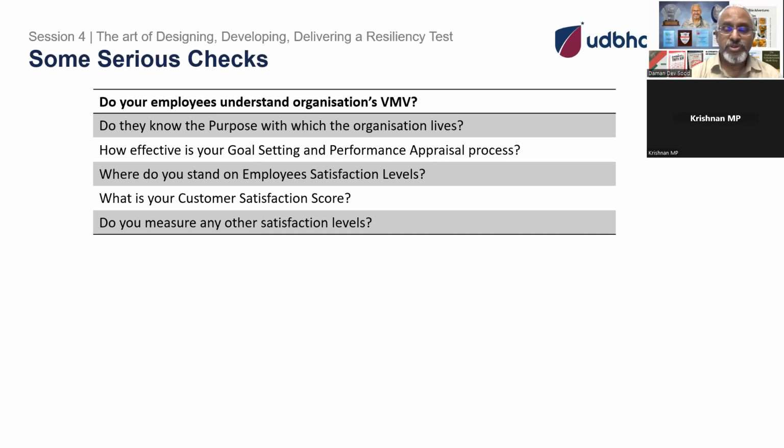Where do you stand with respect to your employee satisfaction and your customer satisfaction? Maybe, maybe not, it's not mandatory, but are you following NPS, Net Promoter Score also, which is one of the techniques that has been gaining popularity? Is it good, easy, effective? And do you measure any other satisfaction levels?